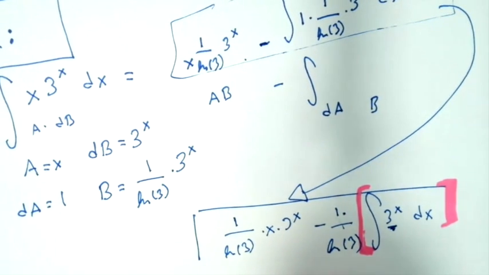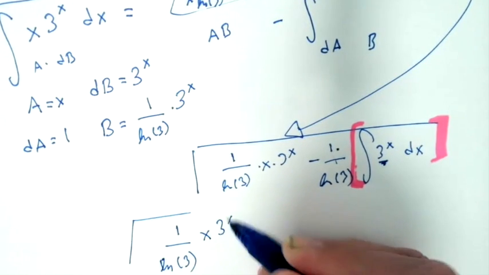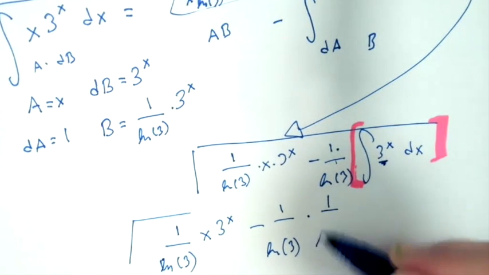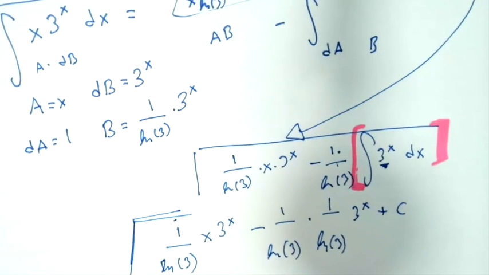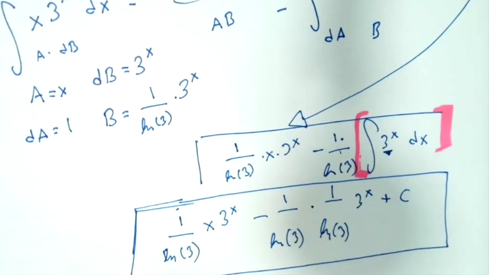So this simplifies to 1 over natural log of 3 times x times 3 to the x minus 1 over natural log 3 times 1 over natural log 3 times 3 to the x plus C. And this would actually be my final answer. If you want to, you can take the derivative of this and check that it actually works. We won't do that for this moment.